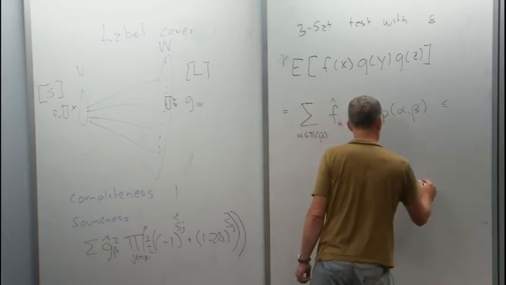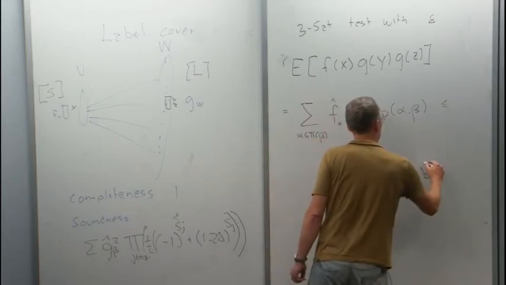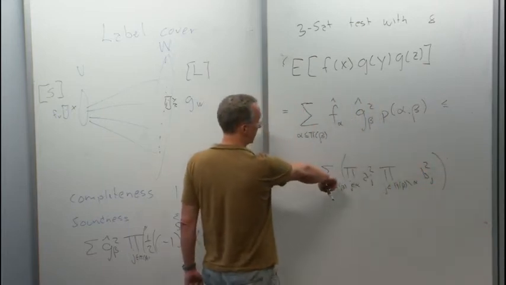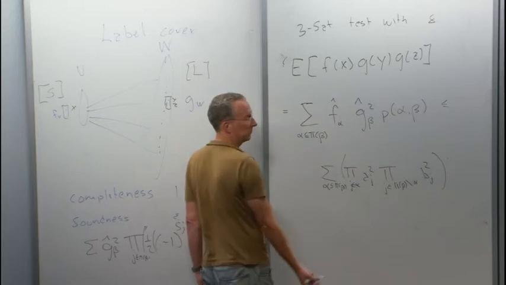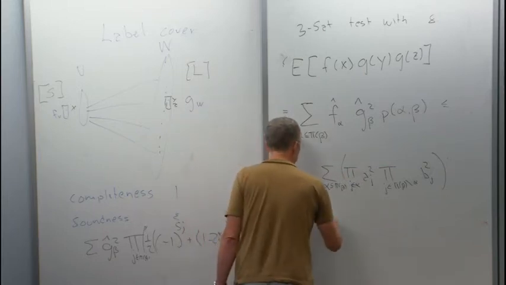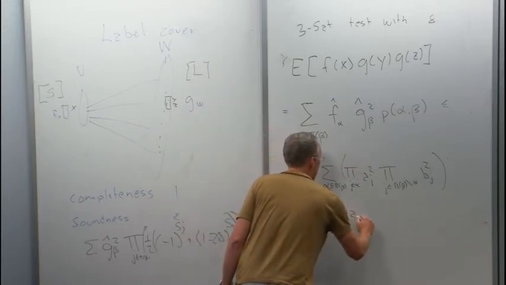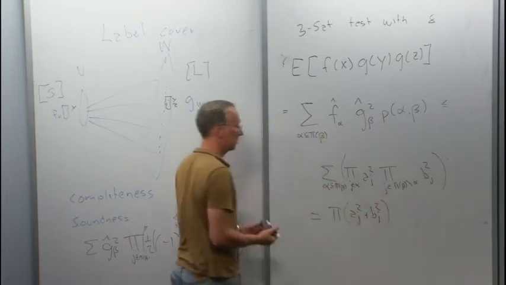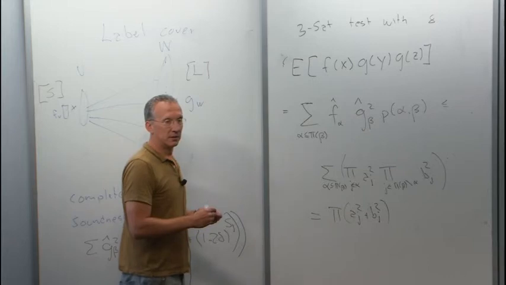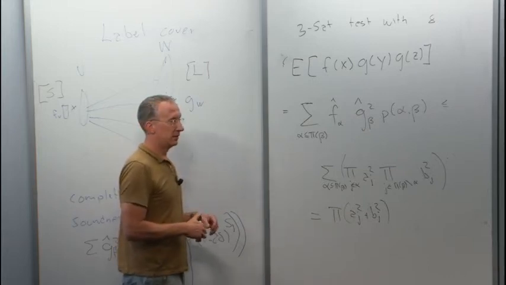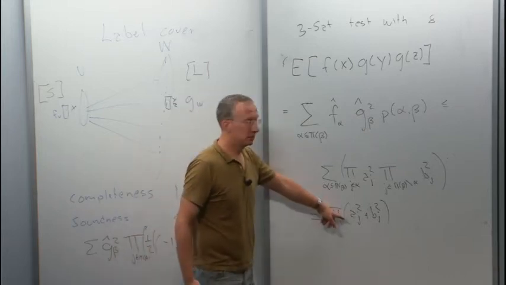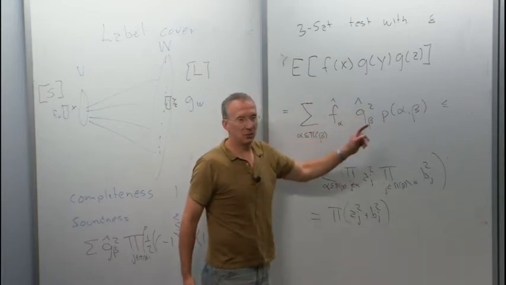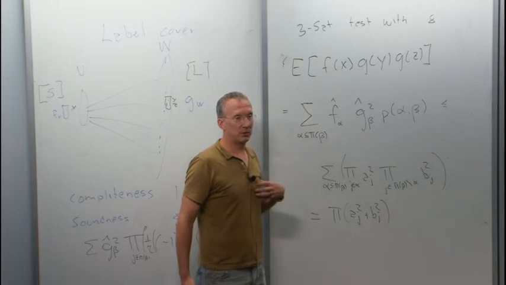If you sum over all subsets, this is in fact just a true identity. If you expand this out, you get exactly this thing, and that's exactly the thing we have over there. And then we bound these terms.